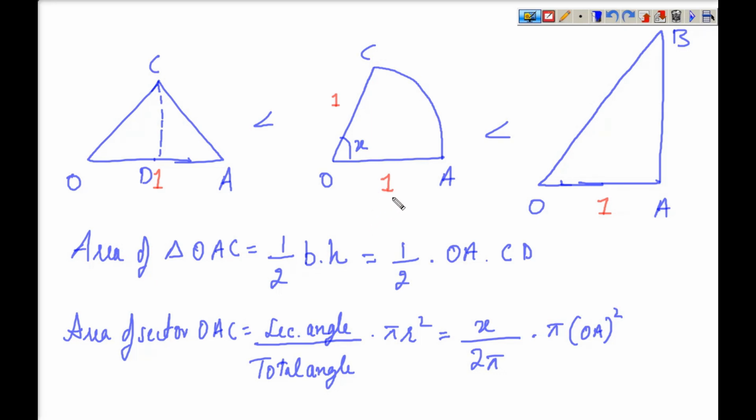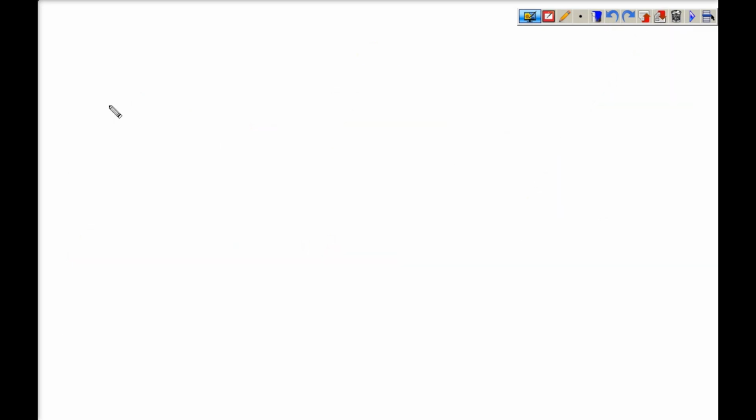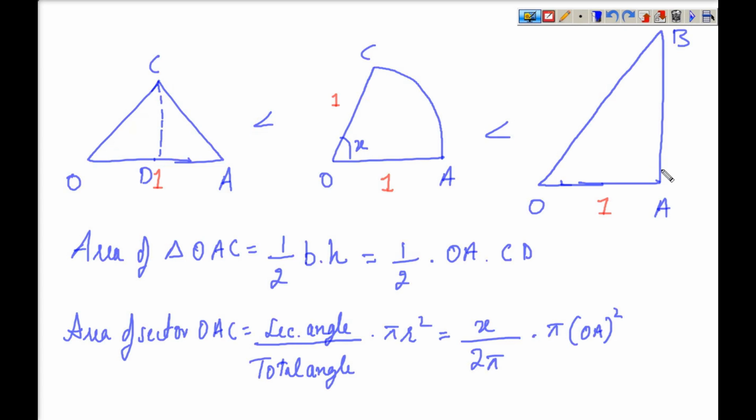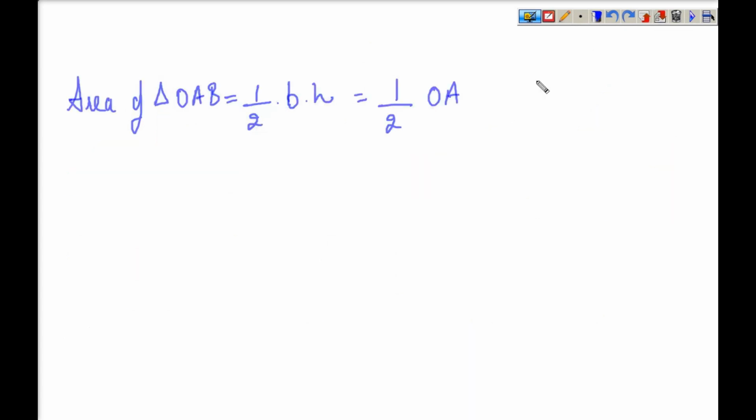And now then we have to find the area of OAB, which is again given as half of base into height. Area of triangle OAB is given as half of base into height, which is half of base is OA, and height, as you can see here, AB is the height, times AB.